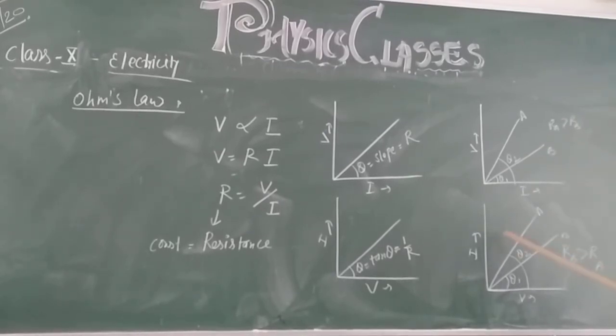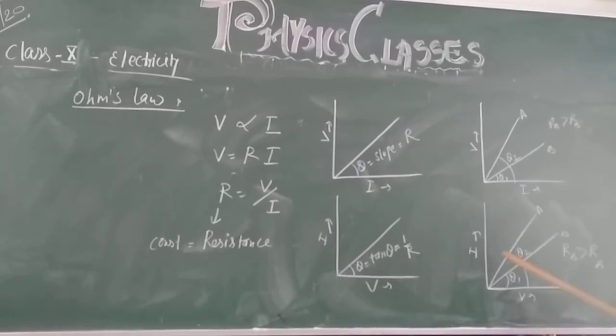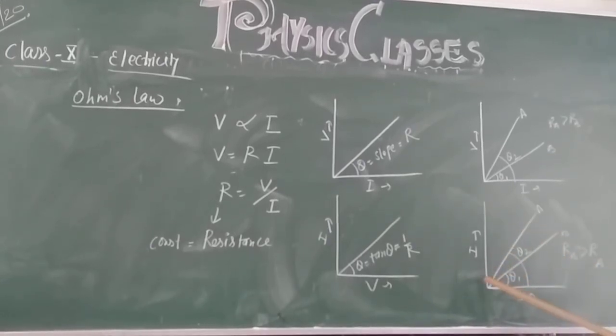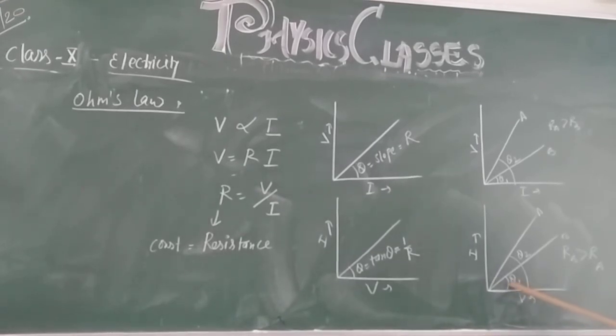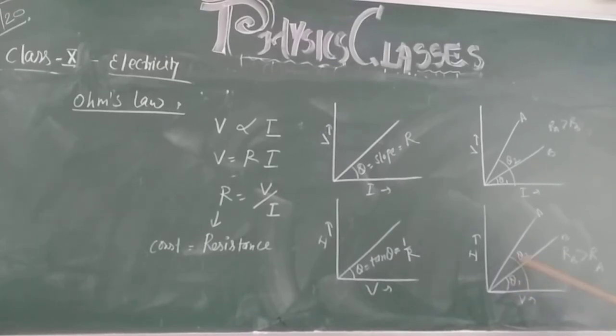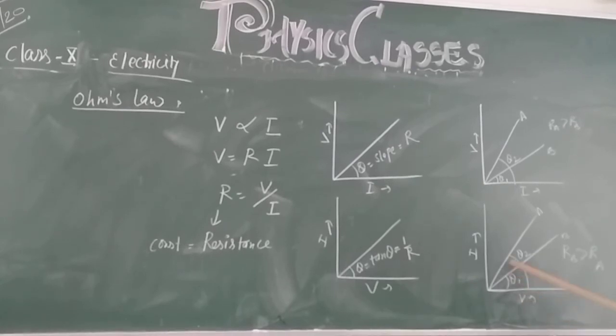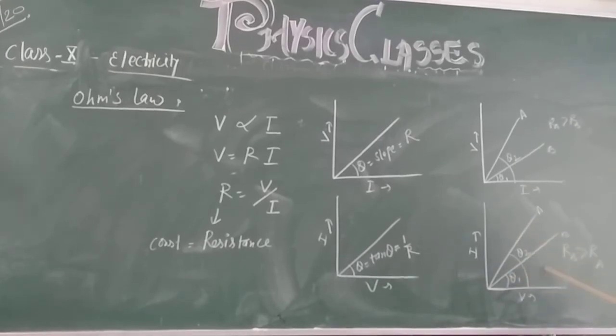In the second figure, we plot a graph of I versus V. I is along the vertical axis, V is along the horizontal axis. The two angles are theta 1 and theta 2. Here theta 1 is small and theta 2 is more, but the I upon V graph gives 1 upon R. It means theta 2 gives 1 upon RA and theta 1 gives 1 upon RB.